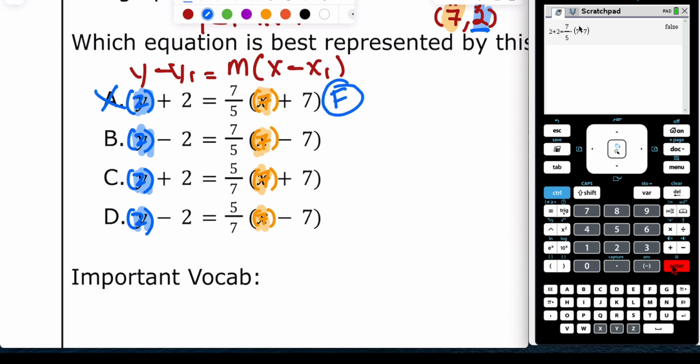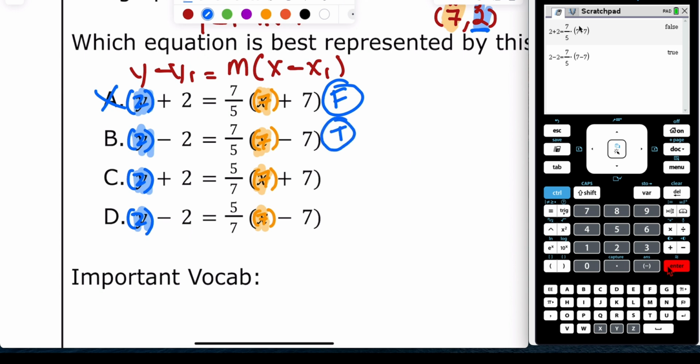Now let's try B. Parenthesis 2, parenthesis, plus, no wait, minus 2 equals, control divide, 7 over 5, parenthesis, 7 in the parenthesis, minus 7 in the parenthesis, enter. And that gives me true.